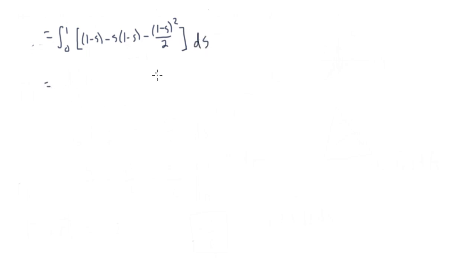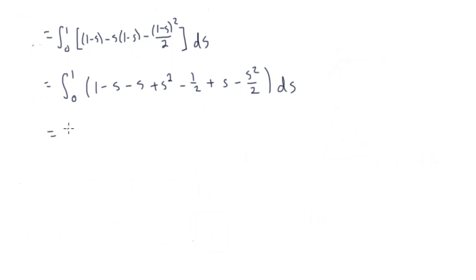But the first thing I'm going to do is expand what we have here. So this is the integral 0 to 1, 1 minus s plus s squared minus 1/2, and then plus 2s over 2, so s, and then minus s squared over 2, which is, so minus s plus s, 1 minus 1/2 is 1/2.